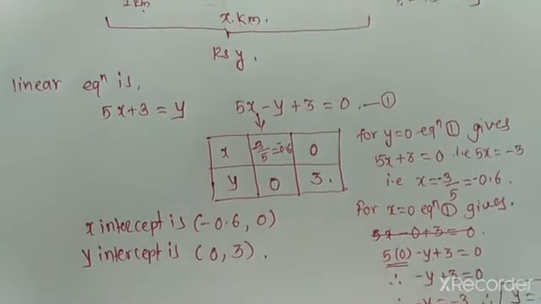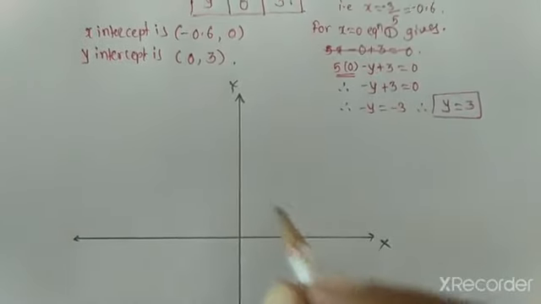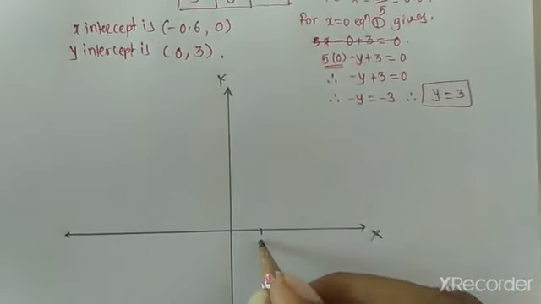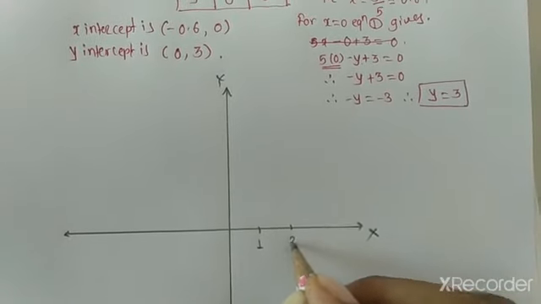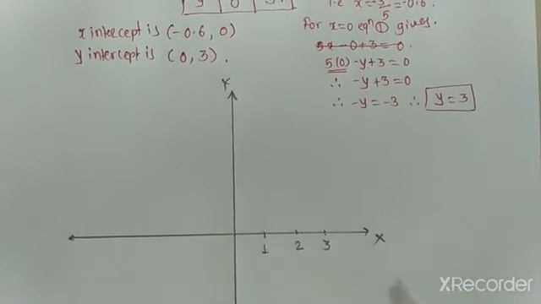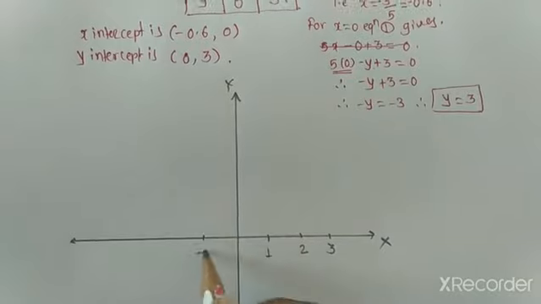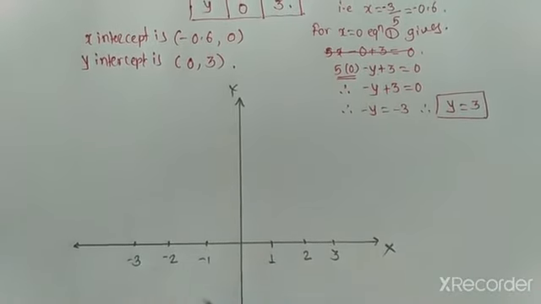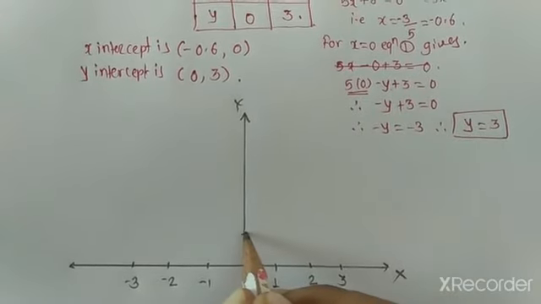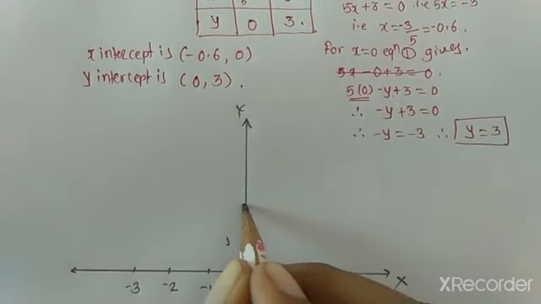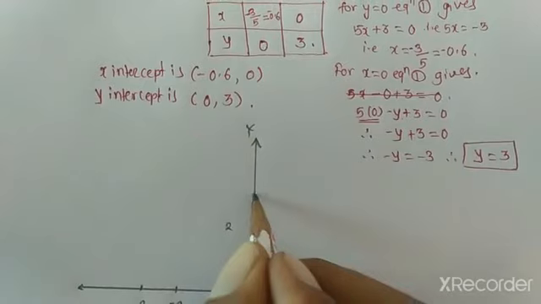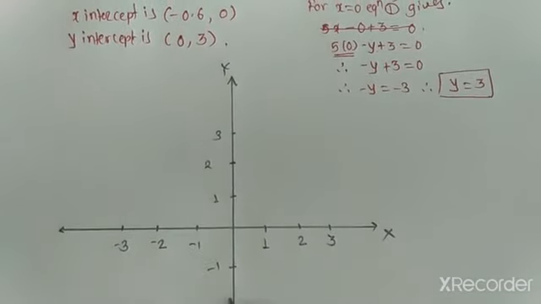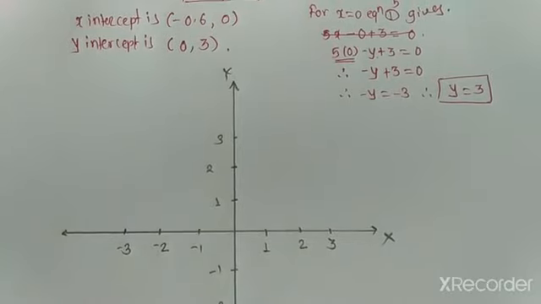Okay, now we will plot the graph related to this information. So here we will take a scaling 1, 2, 3, and minus 1, minus 2, minus 3 on the other side, and on the upper side it will be plus 1, 2 and 3, and on the lower side it will be minus 1, minus 2, minus 3.